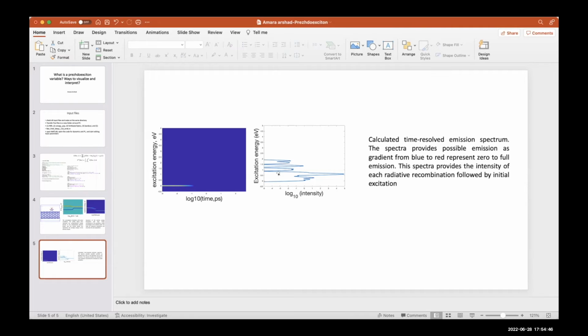We calculate the time resolved emission in the excited state based on the presence of inverse occupation along the excited state trajectory and the intensity of the oscillator strength. And the time integration is simply the time resolved emission integrated along the trajectory. So these are the results.